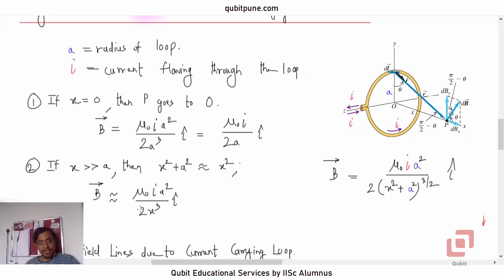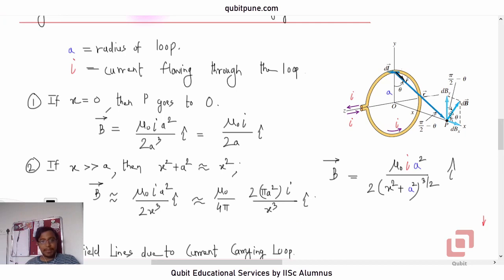Now if I multiply and divide by 2 pi, I will get mu naught upon 4 pi here because of this 2, and then I will get 2 pi a squared I upon x cube I cap.